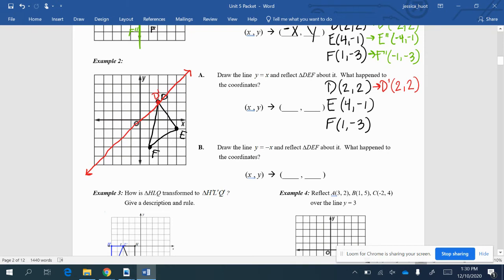Then for E, if I count towards it, 1, 2, 3, 1, 2, 3. Right up here, it's harder to count on these ones. So E prime becomes -1, 4.